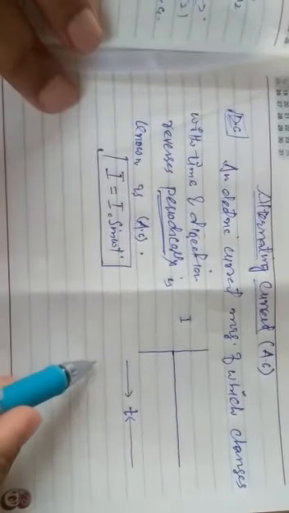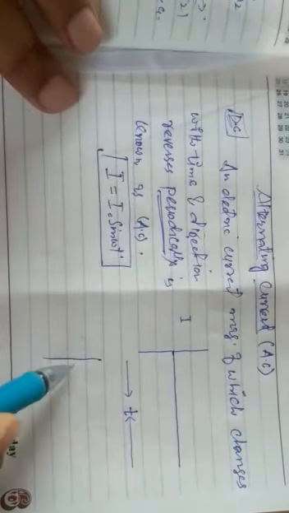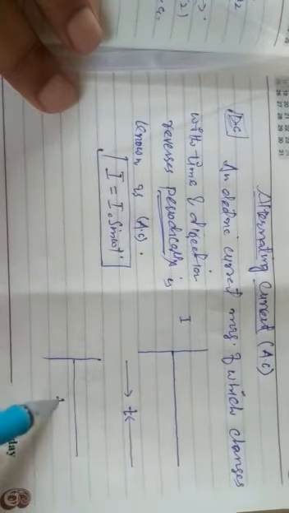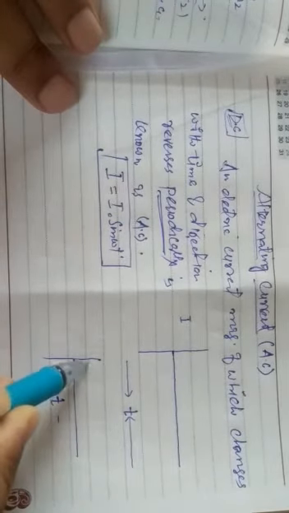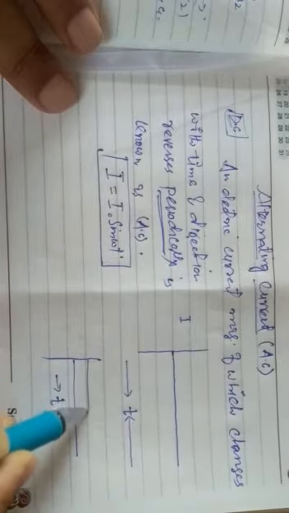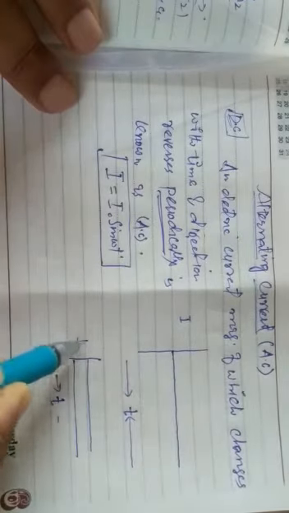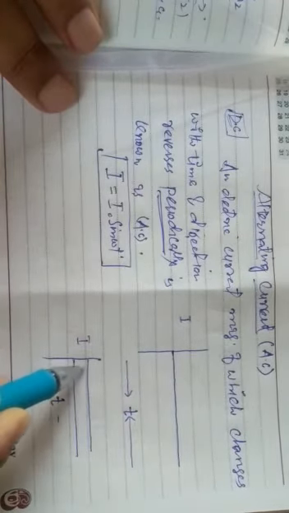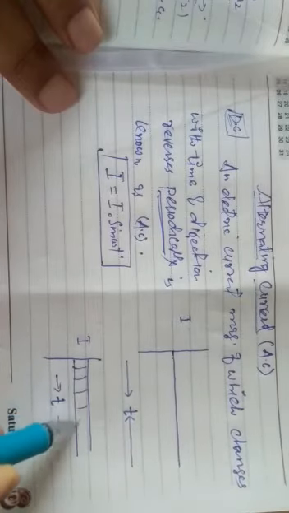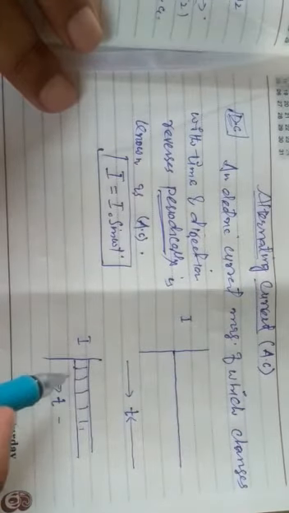If I make a graph here, this is the time, and this is the current I. At this very time, this is the magnitude, and it doesn't change. So this is not called alternating current.